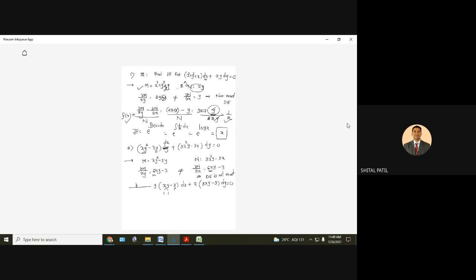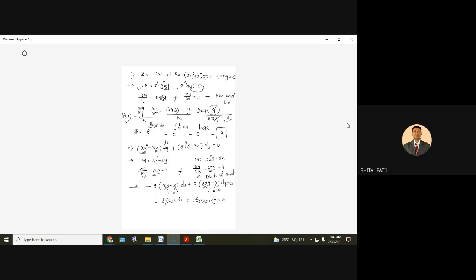Degree of x and y is 0, 0 here. Therefore we can write like this: y function of xy dx plus x another function of xy dy equal to 0, and therefore rule number 2 is applicable.